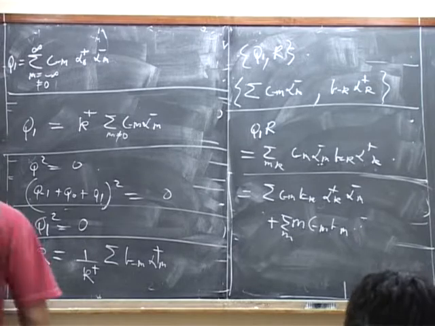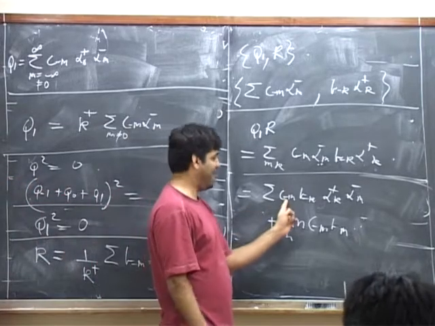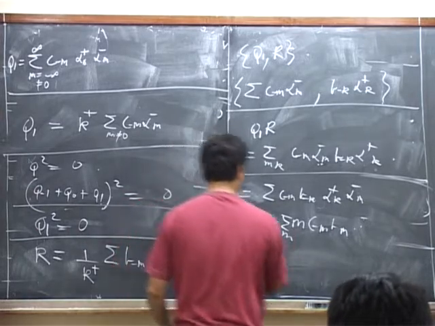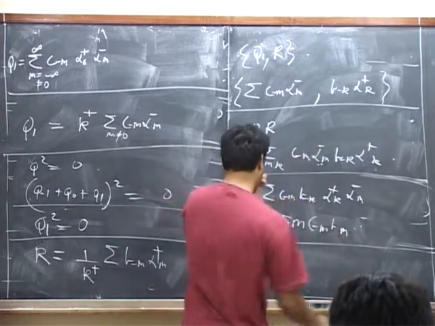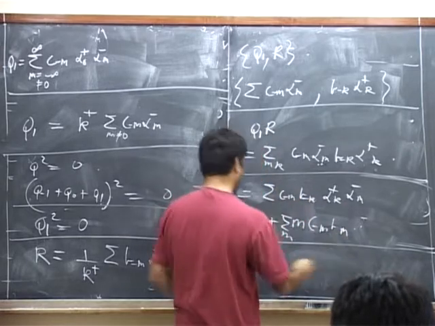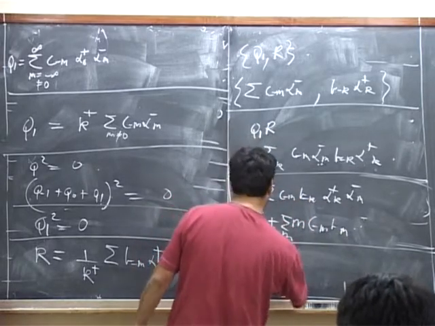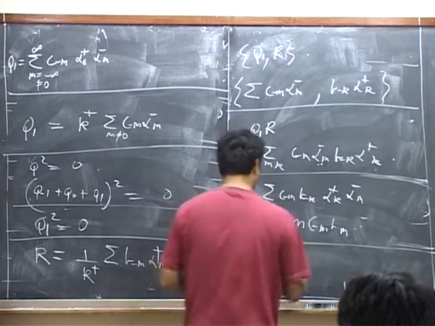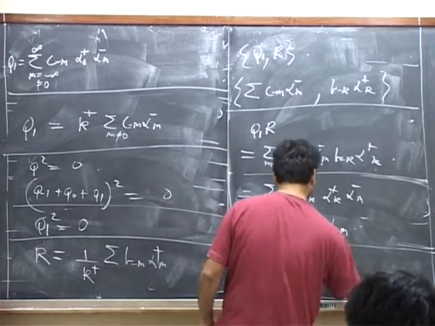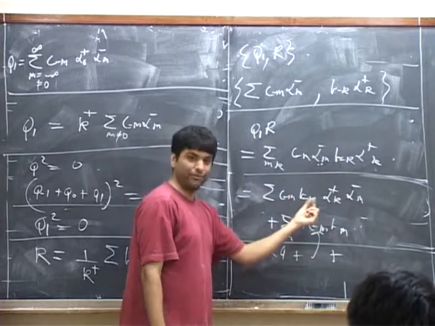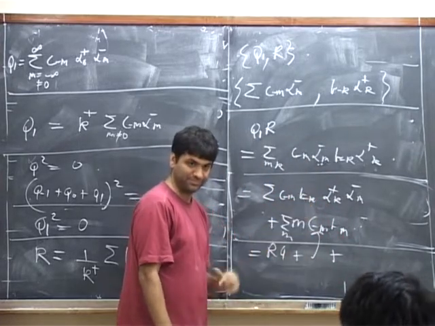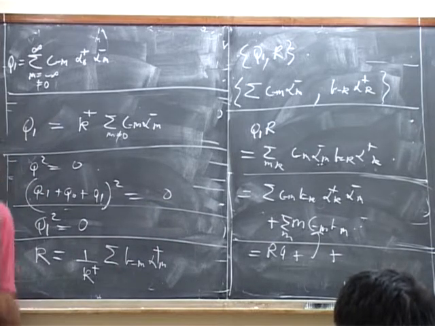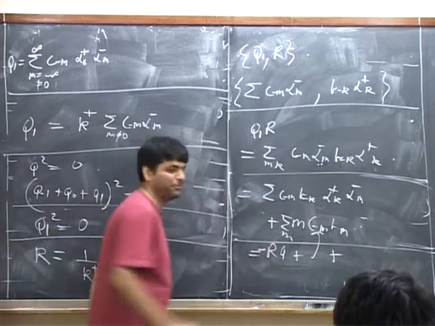Now the next thing we want to do is to pull this guy through this guy. So in doing that, this is equal to R times Q1, that's what we get once we pull this guy through, plus whatever we get from this commutation relation, minus atoms, is equal to minus R times Q1, which is what we wanted.